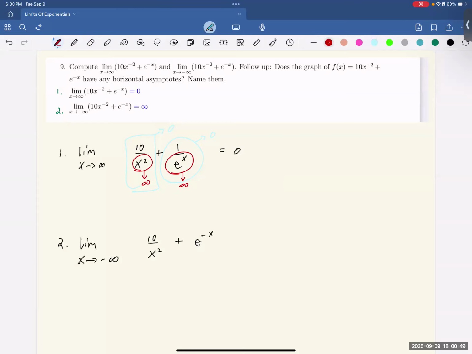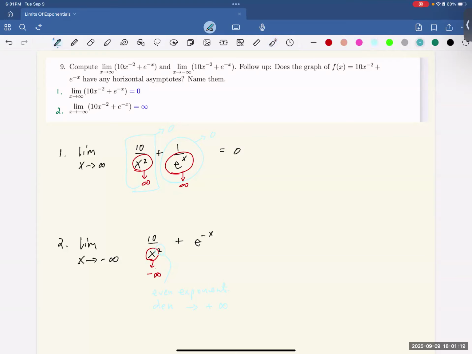All right, so this x is going to negative infinity, but then because of the even exponent, the denominator goes to positive infinity. It's as though you're taking a negative really big value, you're squaring it, which makes it a really big positive value.